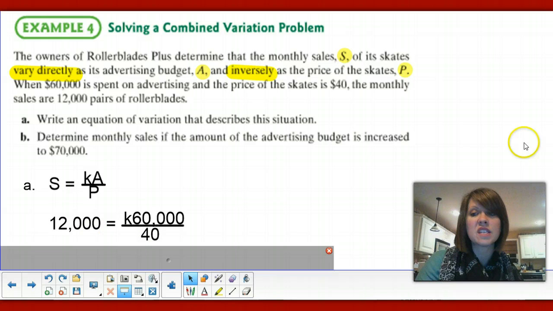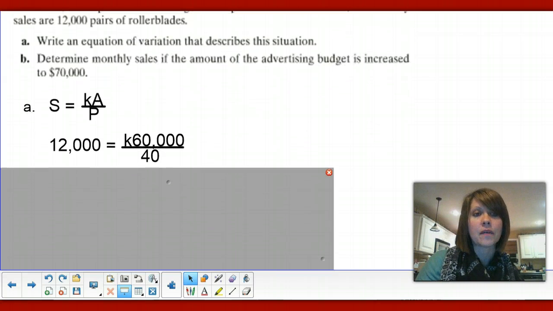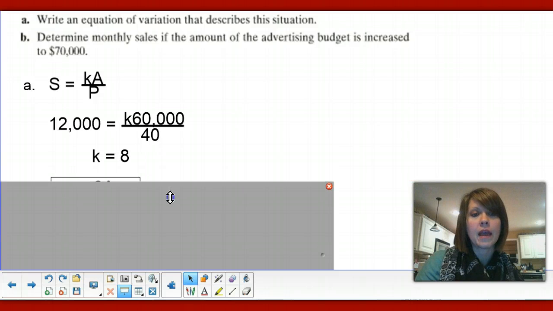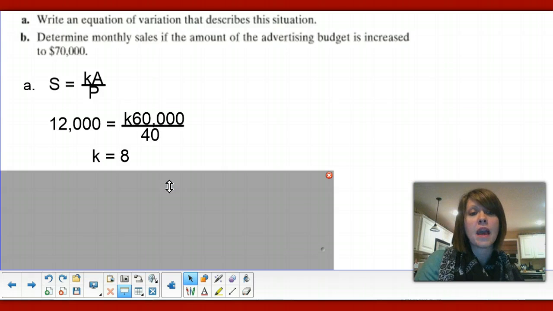Okay, we can use this relationship to find our K. And our K in this case is 8, okay? I got that by multiplying up the 40 and then dividing by 60,000.